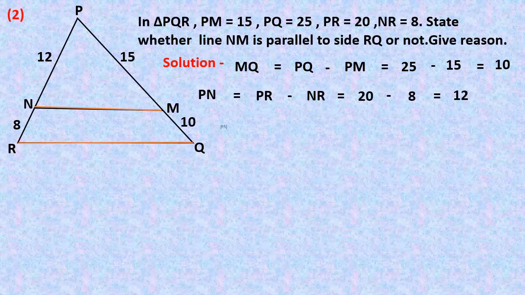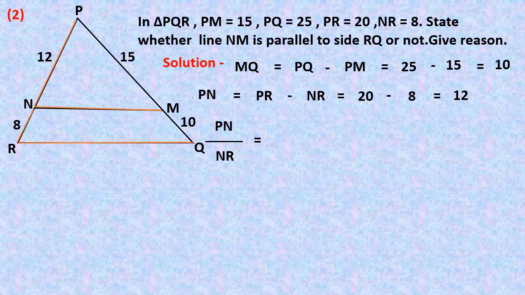After simplifying, 4 threes are 12 divided by 4 twos are 8, that is equation 1.